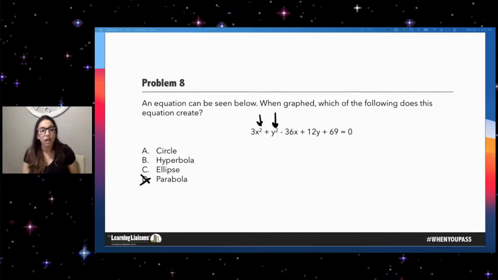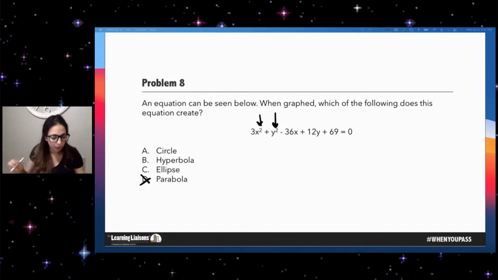I know that a circle, a hyperbola, and an ellipse all have the possibility of having both an x squared and a y squared. So I need to put this into standard form for a circle, a hyperbola, and an ellipse.